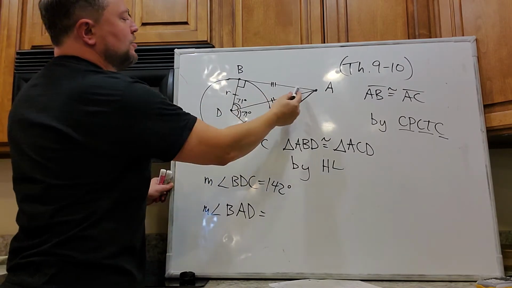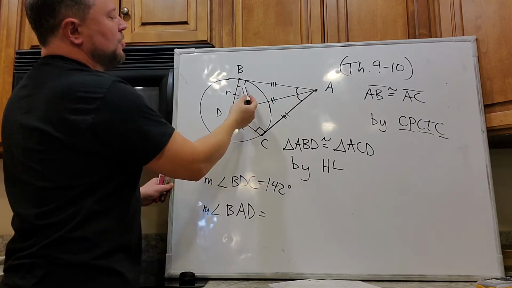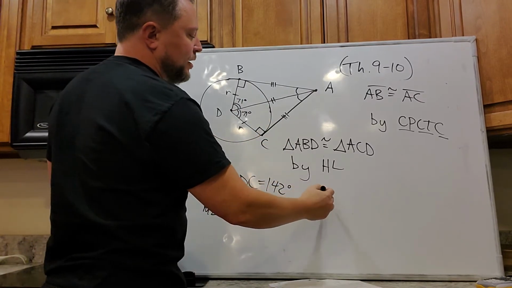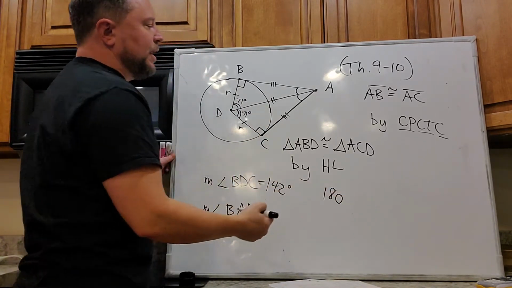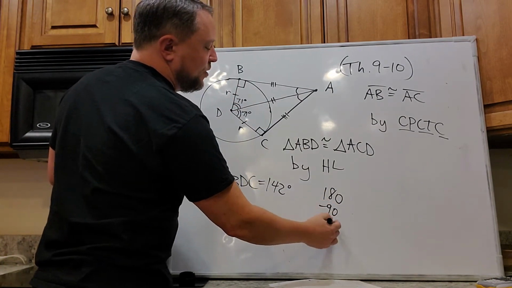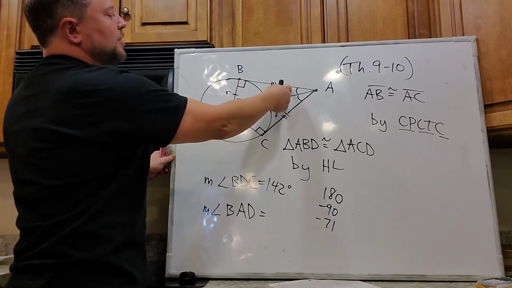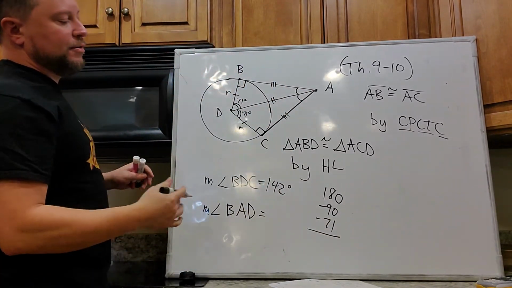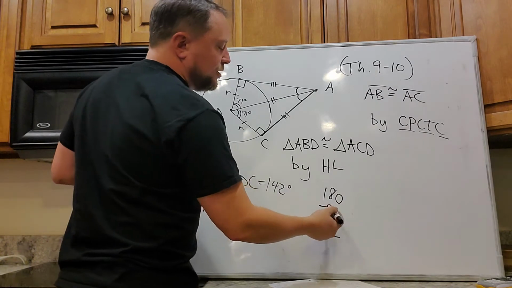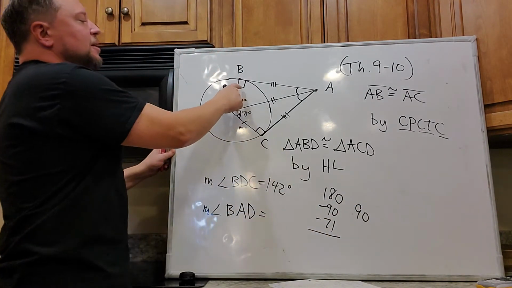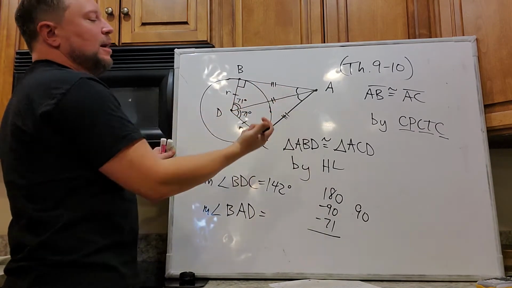Okay, well, notice you've got a right triangle. So if that's 90 and that's 71, we can just do some simple math here. I know a full triangle is 180. If I take away the 90 and if I take away the 71, the last remaining angle then has to be, and there's even a shortcut here. Instead of taking all this away from 180, you could just start with 90, because if this is 90, these other two add up to 90.